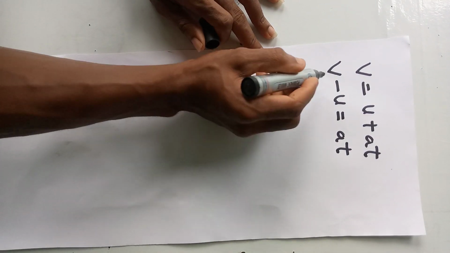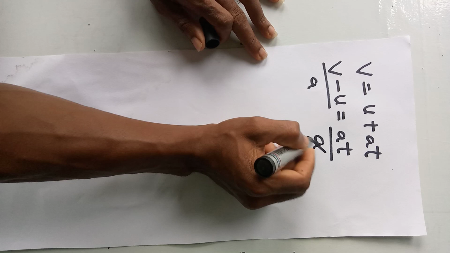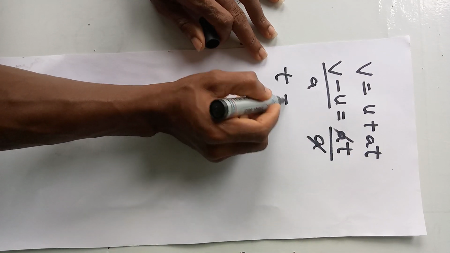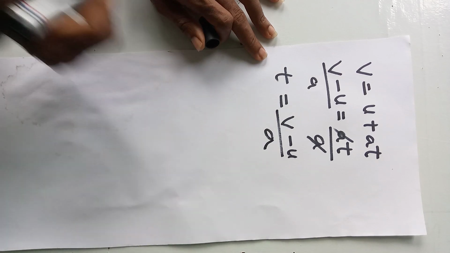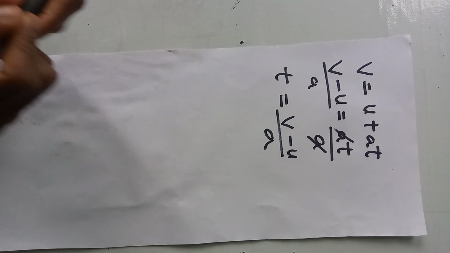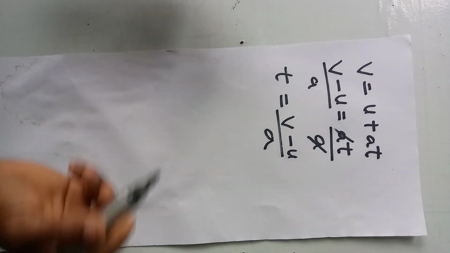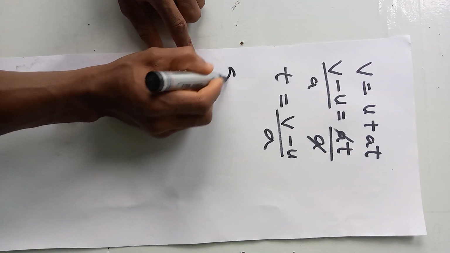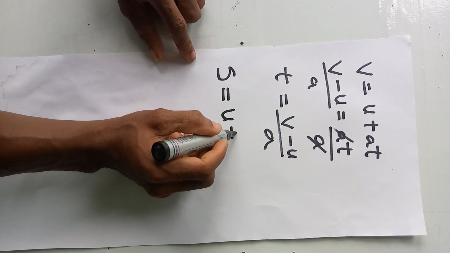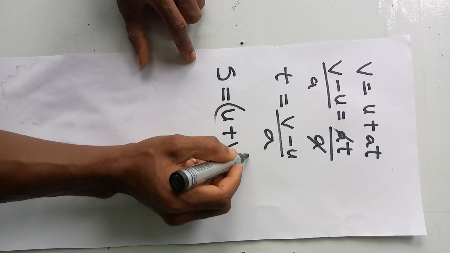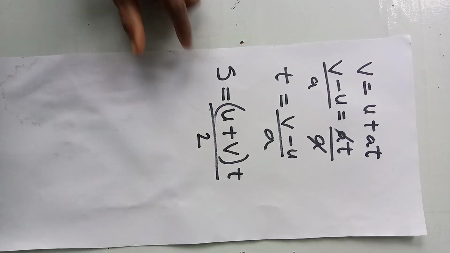So having T, we'll divide both sides by A. So our T is equal to V minus U over A. Now let us substitute this formula into the second equation of motion, which is S is equal to U plus V multiplying T over 2.